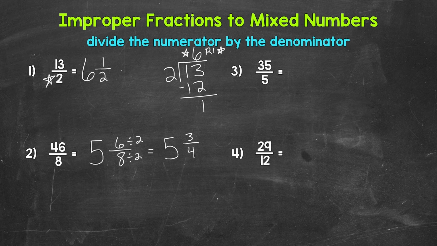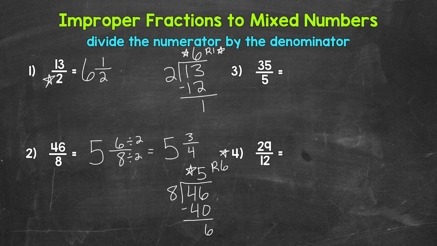To show number 2 written out, we can do 46 divided by 8. So 46 divided by 8, how many groups of 8 in 46? 5. Multiply, 5 times 8 is 40. Subtract, 46 minus 40 is 6. So we get 5, remainder 6. 5 is our whole number.